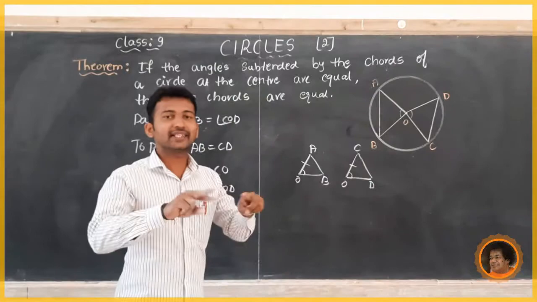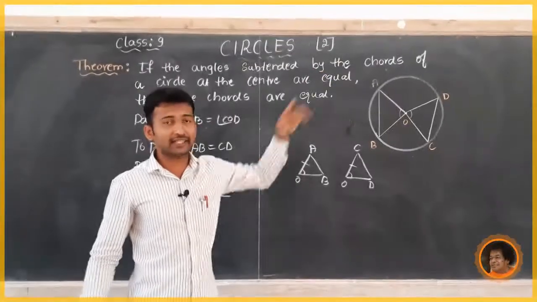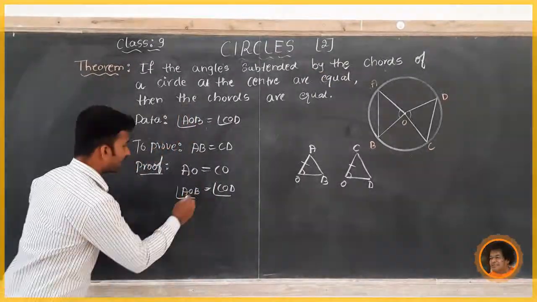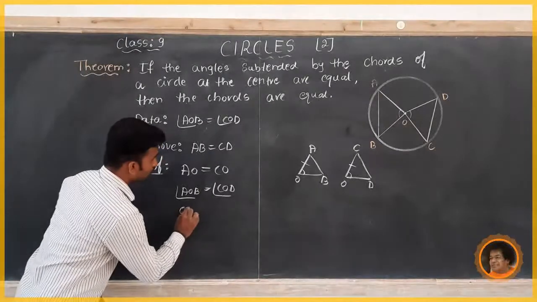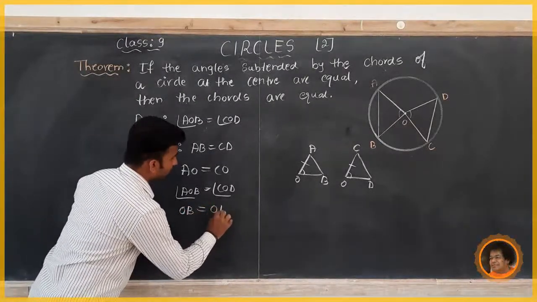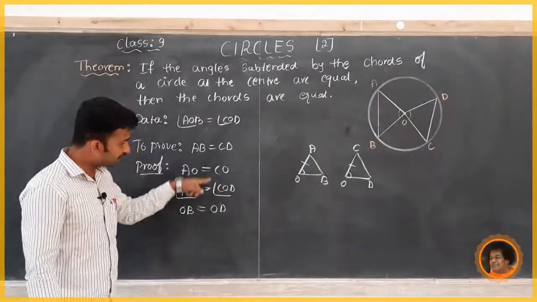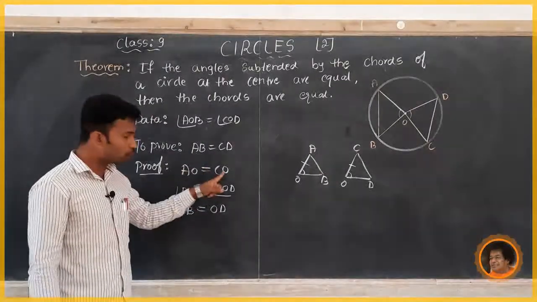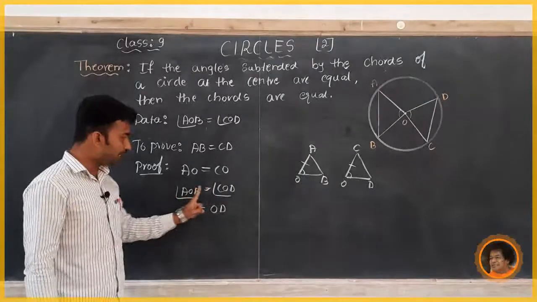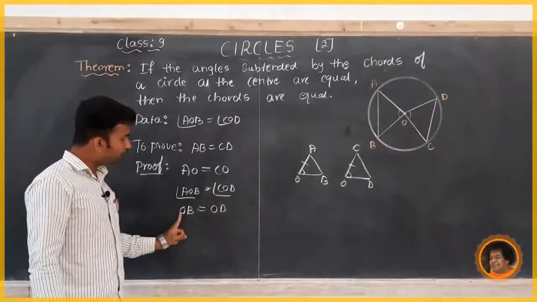Why? They are radii of the circle. So, we can directly write OB equals OD. Observe the three steps: AO equals CO, angle AOB equals angle COD, OB equals OD.